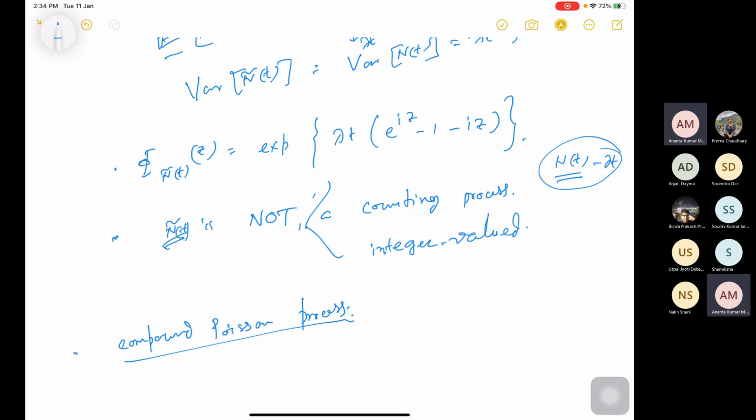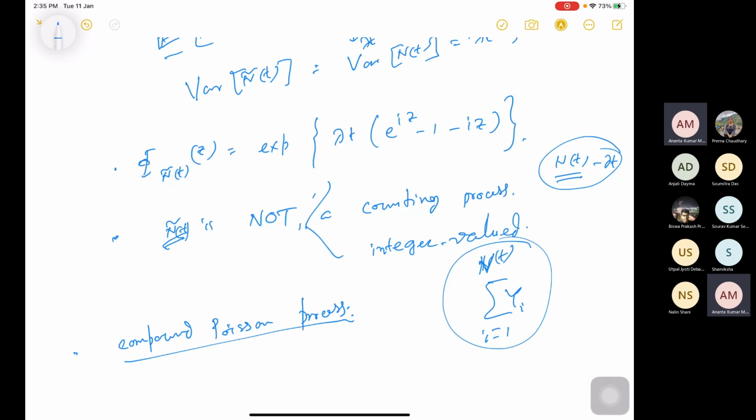If the ith bus carries IID distributed Y_i passengers, then the total number of passengers moving from the department to Rajiv Chowk is the summation over i equal to 1 to N_t of Y_i, because the buses follow a Poisson process N_t. This gives you the total number of passengers at time t. Is it not?